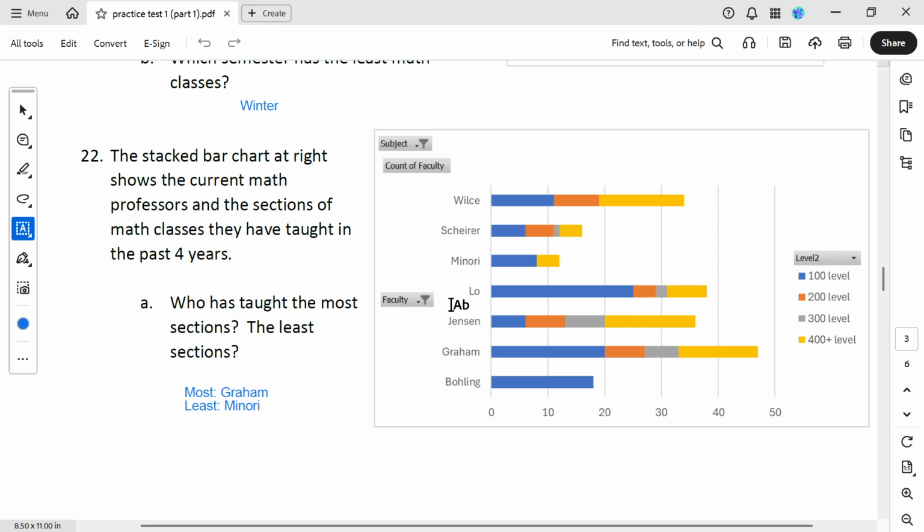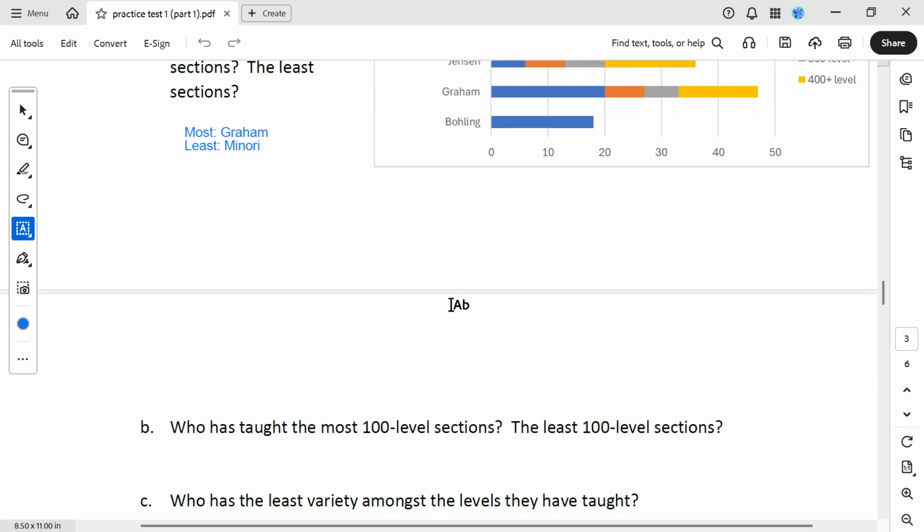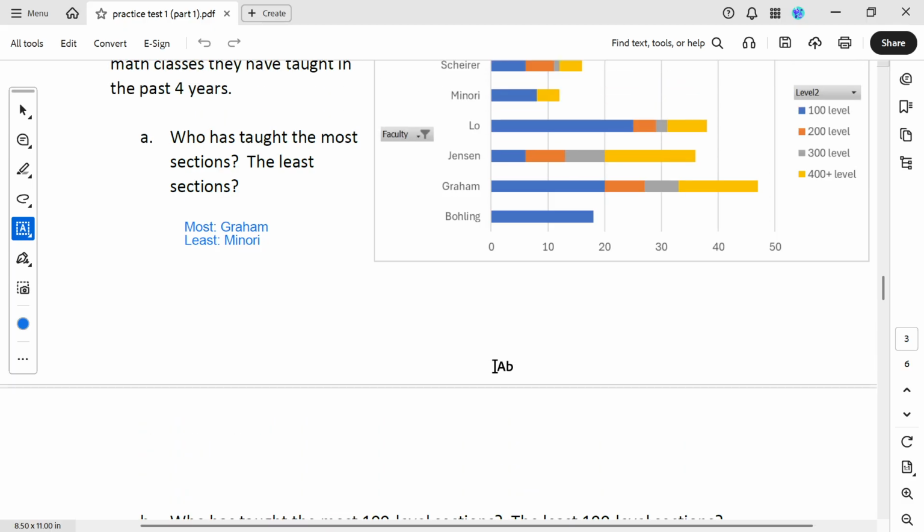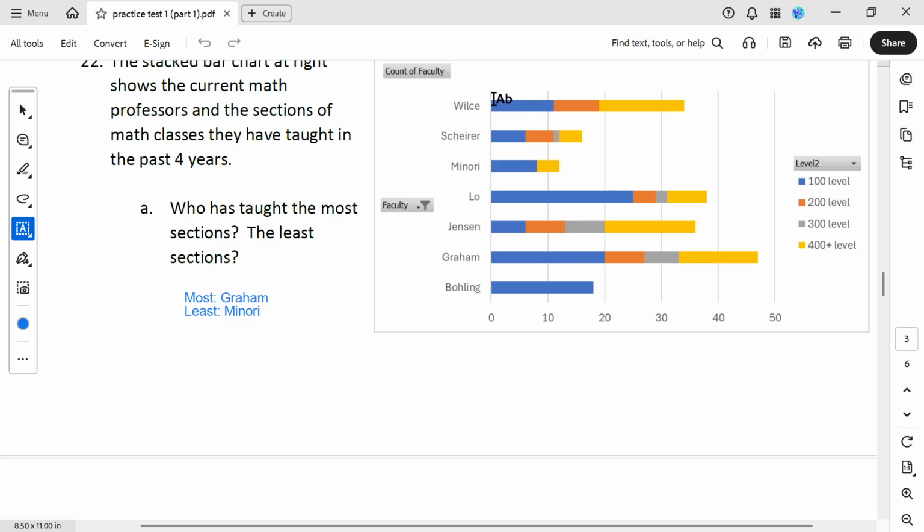All right, let's look at the next one. Who has taught the most 100 level sections and the least 100 level sections? Everybody's bar of their number of sections is colored according to what level those sections were. We have 100 level, 200, 300, and 400 plus level sections, because we do have some 500 level classes like independent studies.